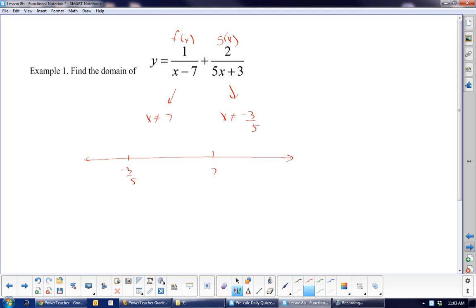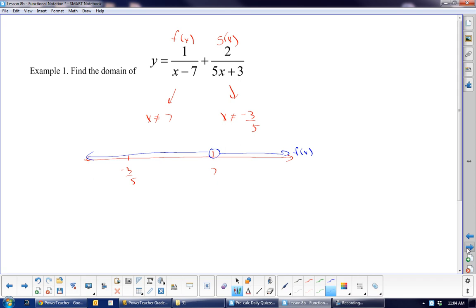now the domain of f of x was, this is the domain of f of x. See, f of x had it pretty good at one time. It only had one thing that didn't work.